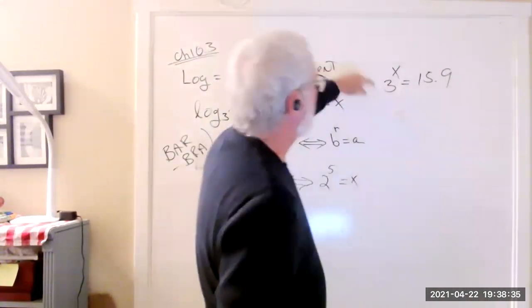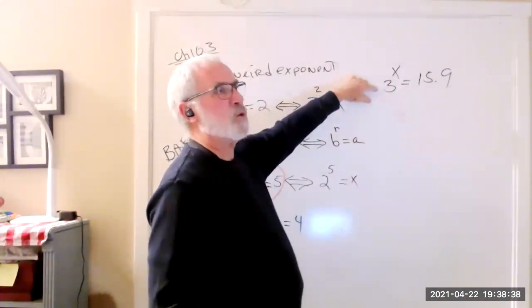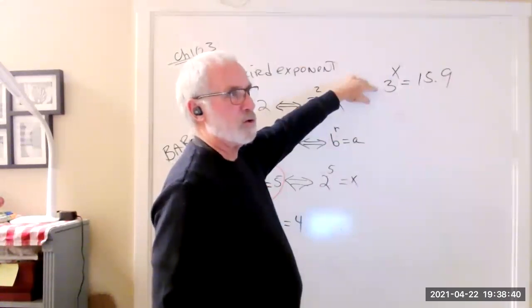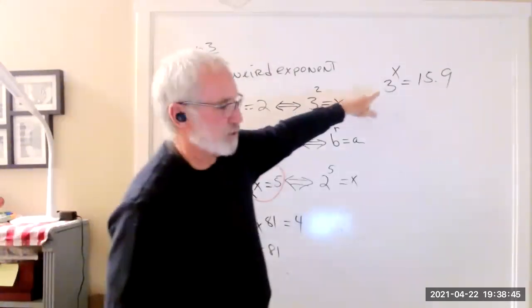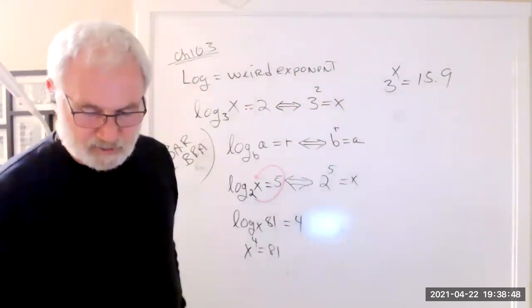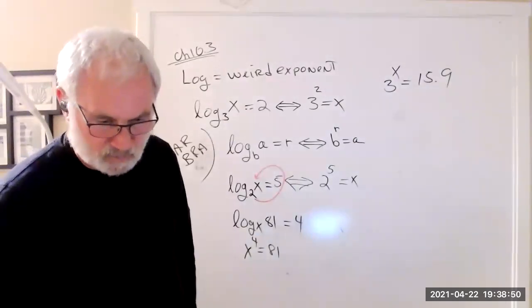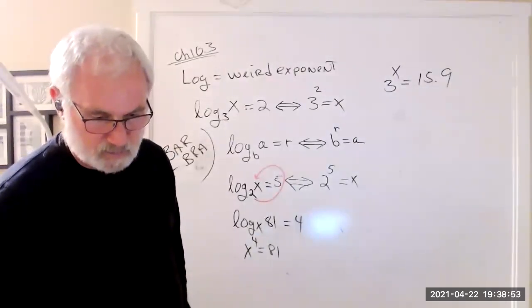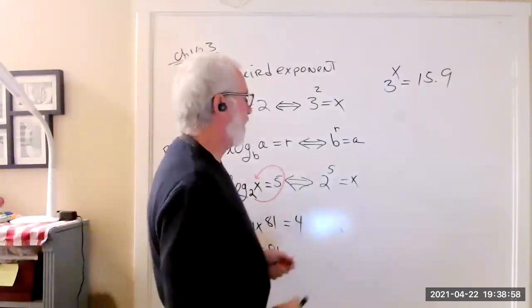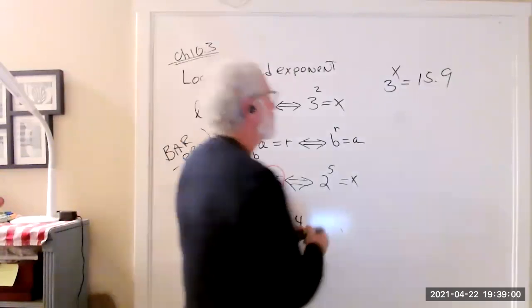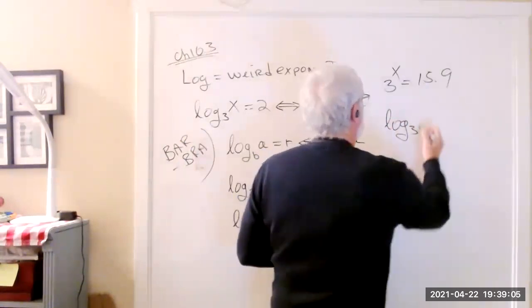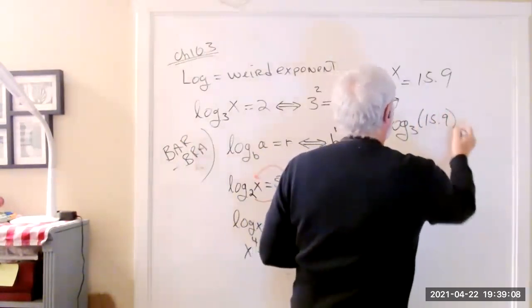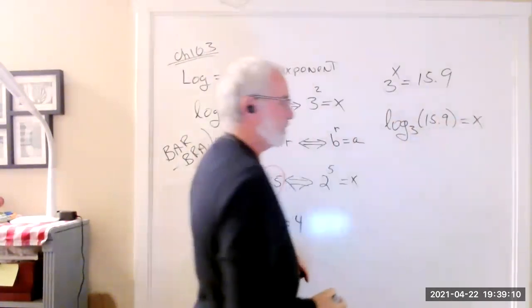So here's my first comment. Convert this into a logarithmic equation. Use the Barbara rule or whatever to convert this to logarithmic. So you should get log base 3 of 15.9 equals x.